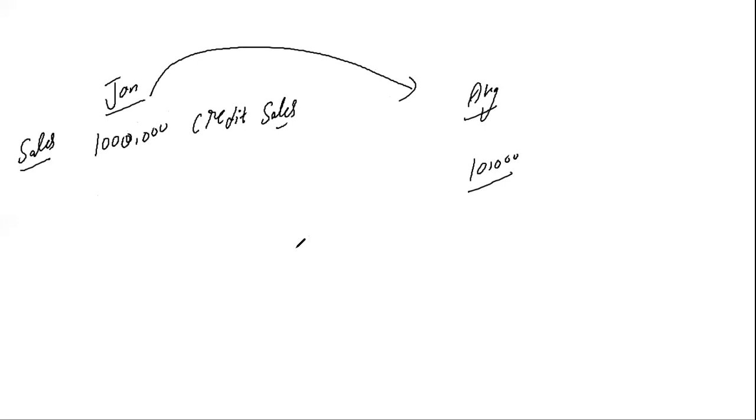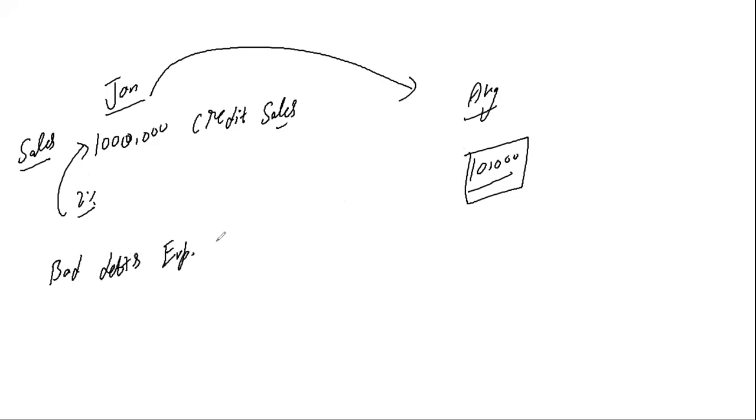Maybe the person already died or he ran away from the country. You cannot recover this amount. Now let's take a look at the case where you have the provision on an estimation basis, 2% of this amount, and you already recorded the provision in the month of Jan itself. So which entry will you pass? You will pass this entry: bad debts expense debit, and provision or allowance. These are two similar words.